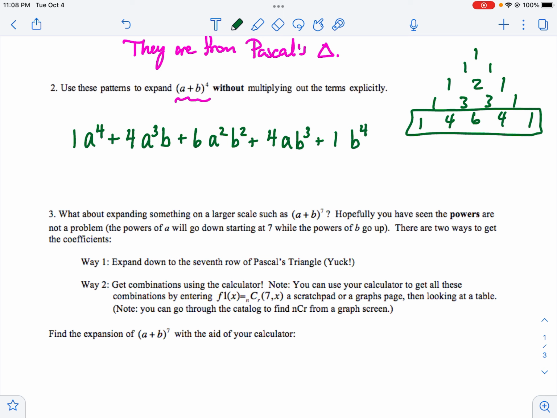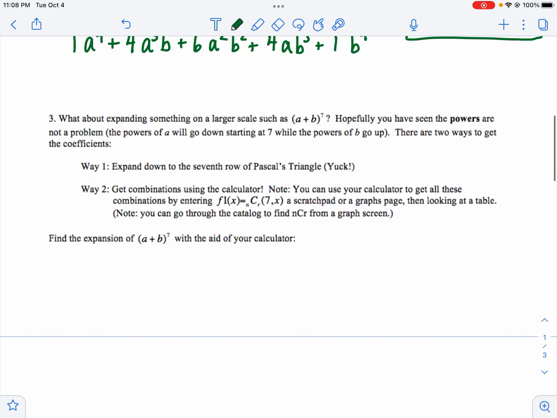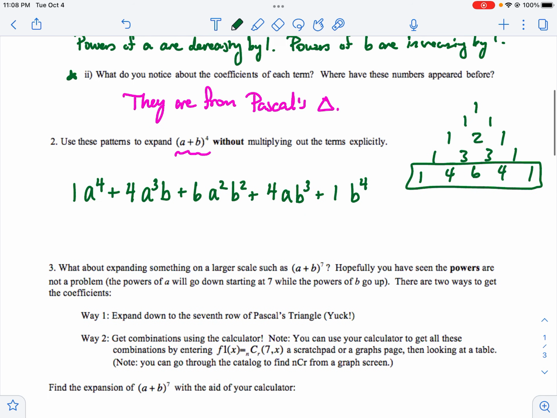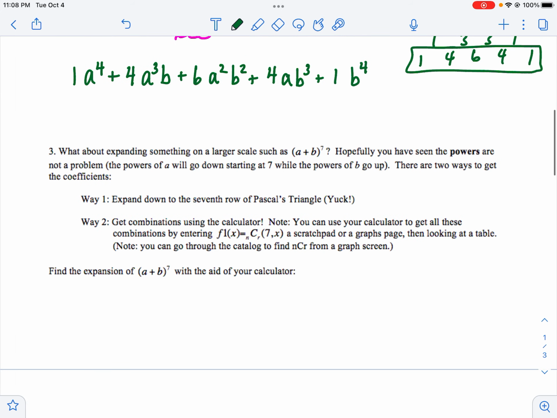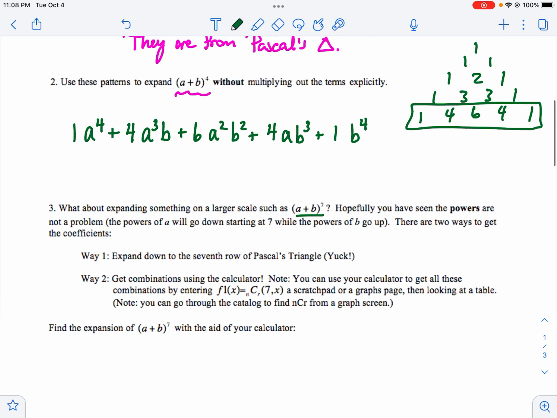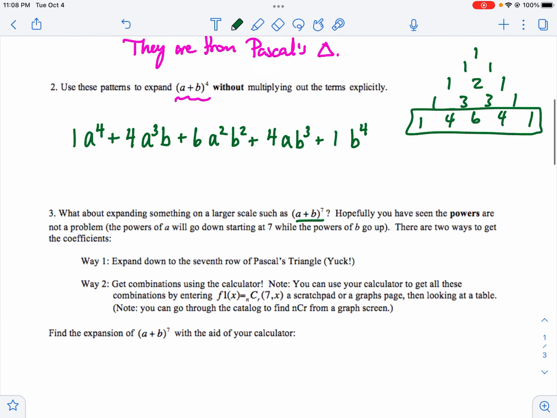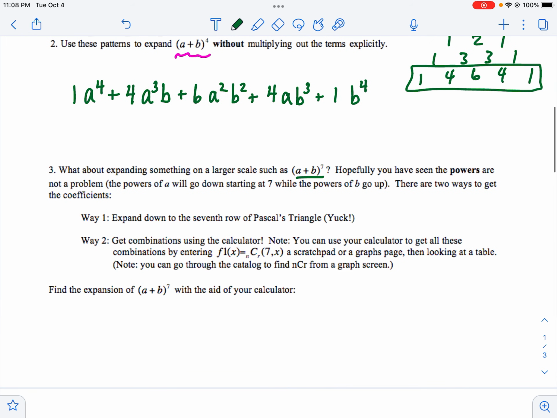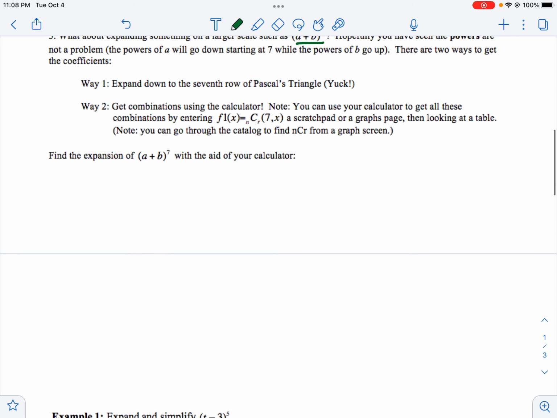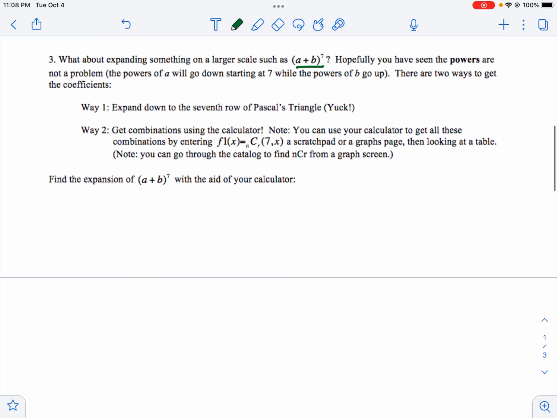So the cool thing is that if I wanted to jump to any row or any expansion, I could expand something like a plus b to the seventh. And all I would need to do is get to that seventh row of Pascal's. But to do that, there's actually a faster way than having to generate all the way to the seventh row, and that's what we saw yesterday.